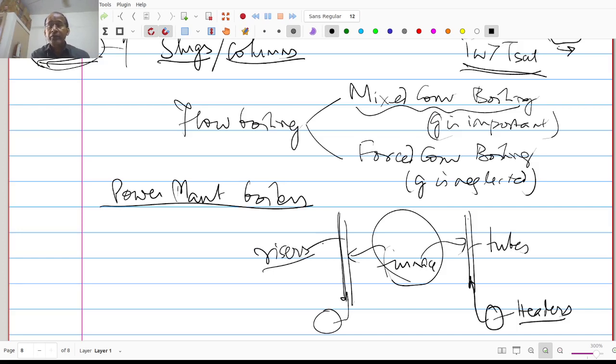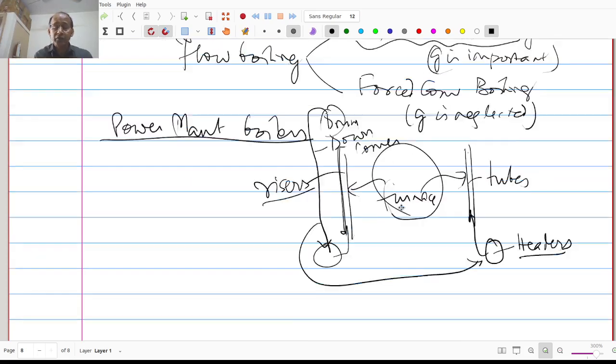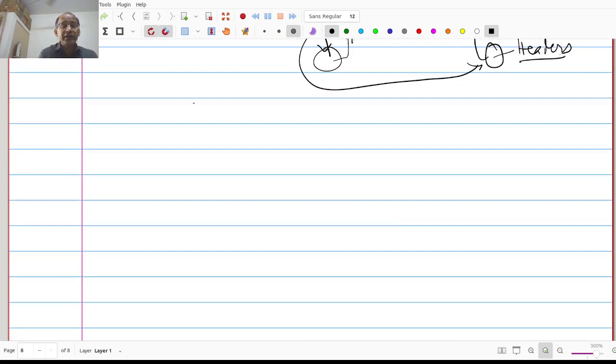Okay, so the pipes that are going upwards are called risers, and then you would have what is called a boiler drum at the top of the boiler, and from there you would have pipes that come downwards and connect to the headers that are there. So this pipe is called the downcomer. Okay, so in a boiler typically you have a drum and you have the entire water wall.